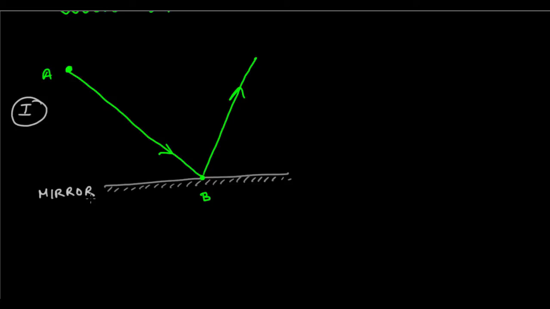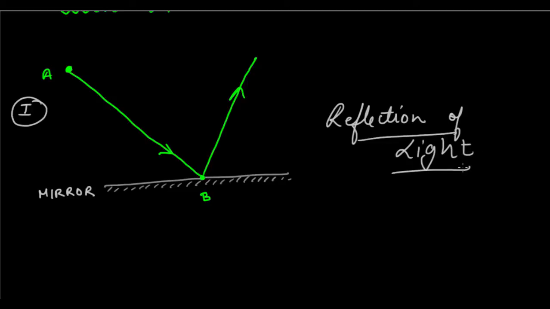This bouncing off of light, this bouncing away of light on striking a smooth, polished surface is known as reflection of light. All right? So that is what we call reflection of light. The bouncing away of a light ray on striking a smooth, polished surface back into the same medium from which it came from is known as reflection of light.